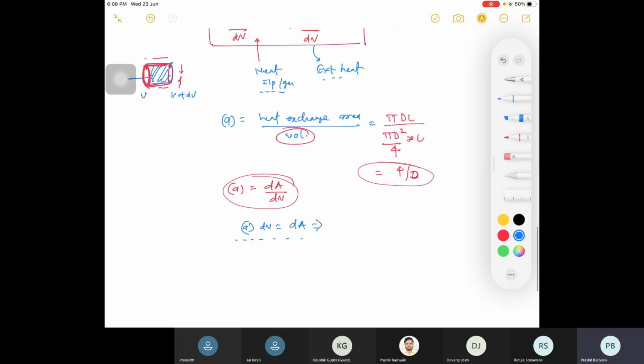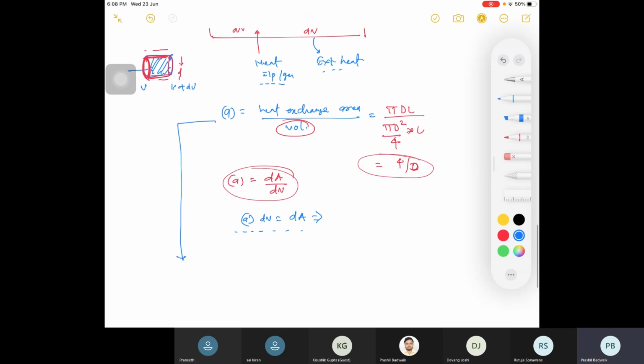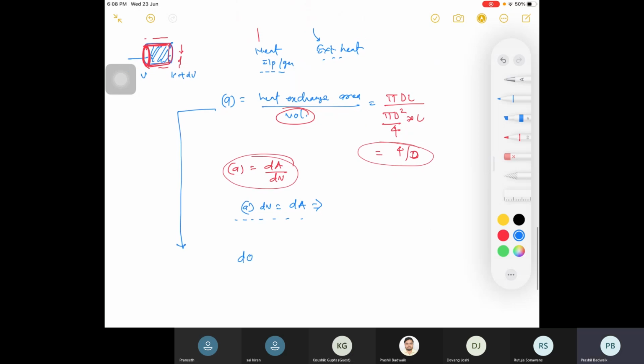We have come up to here. And I told you in the previous class, suppose there is generation of heat or removal of heat, you use the heat exchanger design principle: the amount of heat added or removed equals overall heat transfer coefficient, into contact area, into Tc minus Ti. Tc is the coolant.